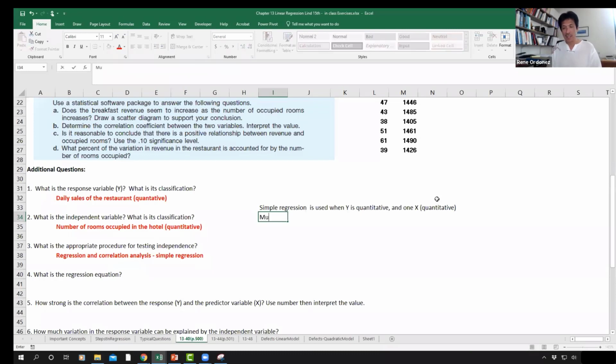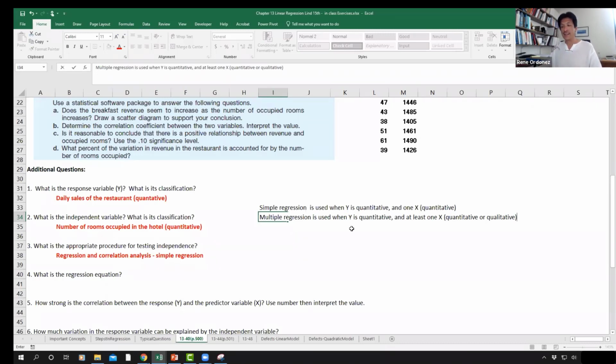Whereas multiple regression is used when Y is also quantitative and we have at least one X. All right, and the X can be a combination of quantitative or qualitative variables.